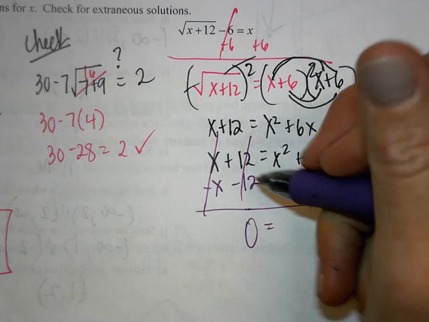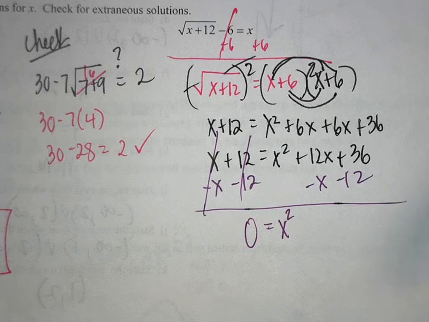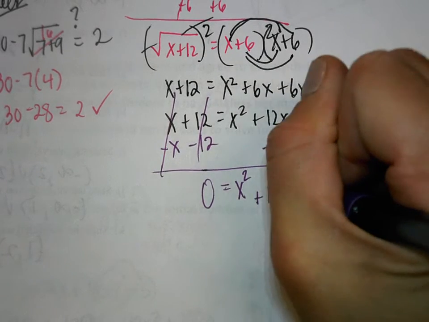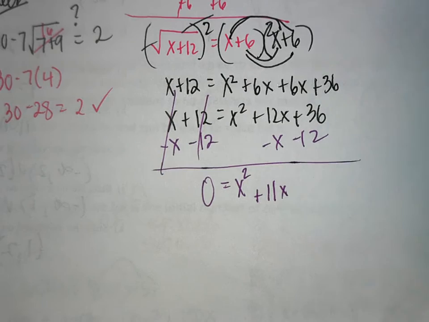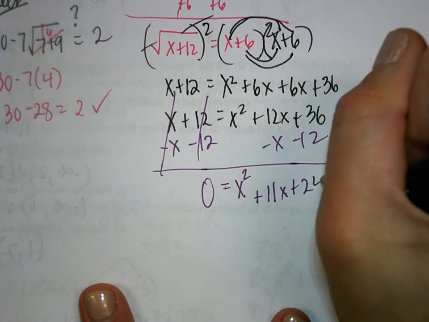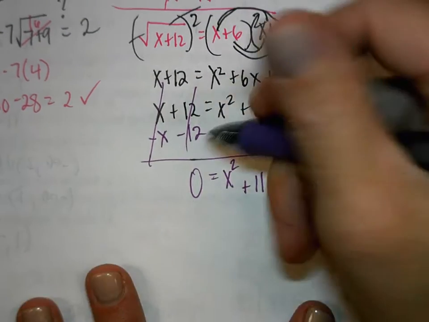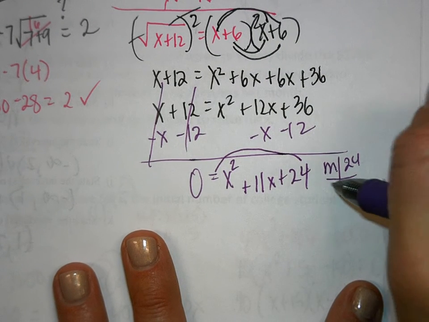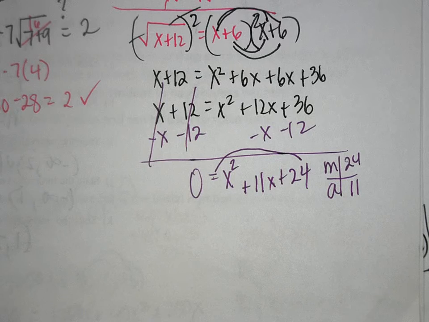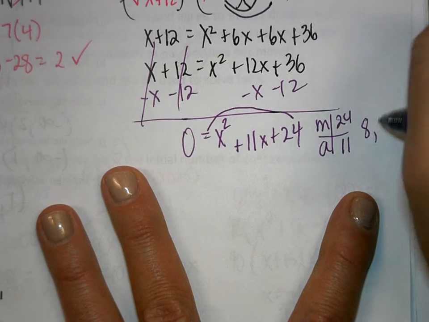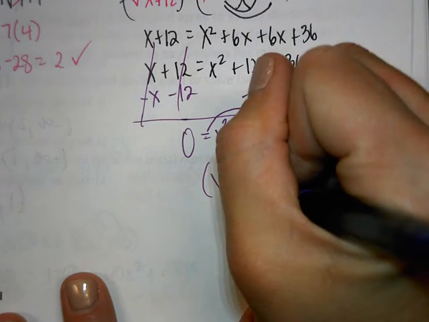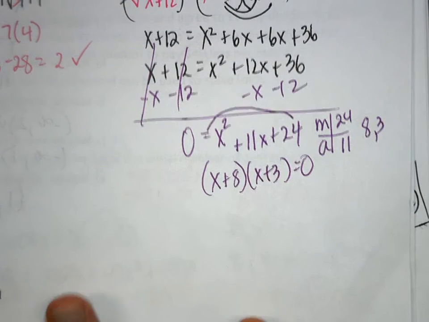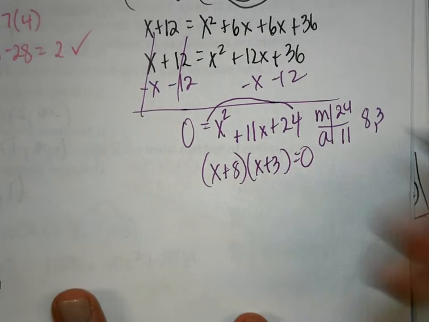My x squared is positive. 12x minus x is what? 11x. And 36 minus 12 is 24. So this is where we go what multiplies to be 24 and what adds to be 11. Good. 8 and 3, both of them positive. So we get x plus 8 and x plus 3 equals 0. And when we set those equal to 0, what does x equal?